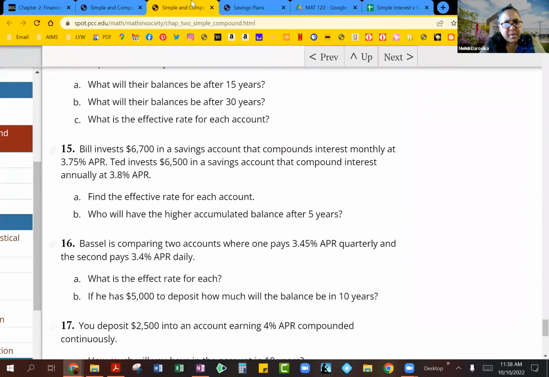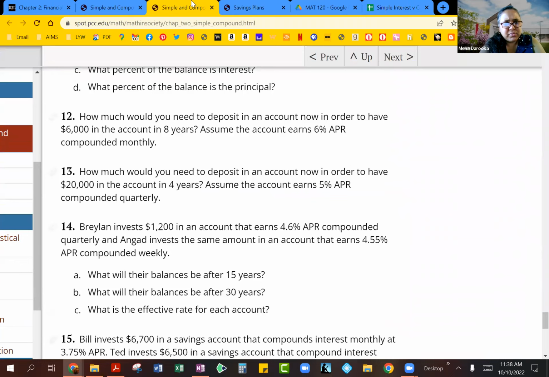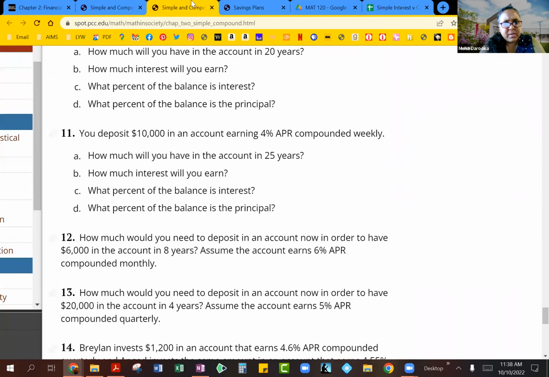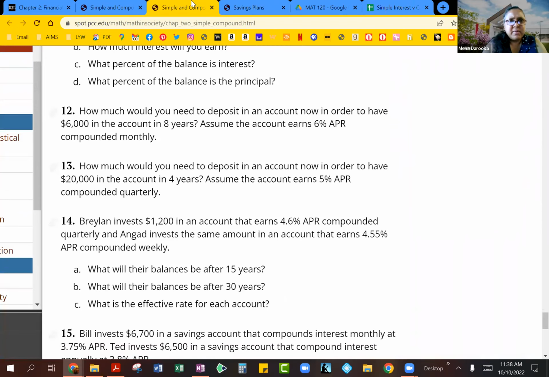This is talking about depositing. Maybe only number 13. Looks like it. All right, we'll do 13, I guess. So this one is talking about how much you need to deposit in an account now in order to have $20,000, which will of course become our future value or amount, in 4 years.